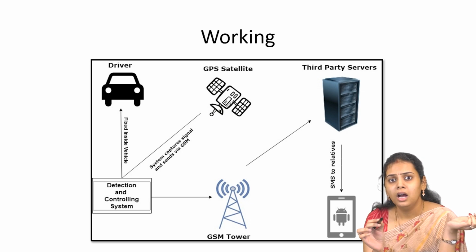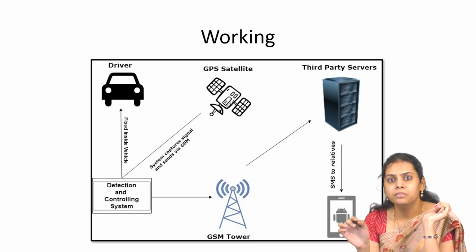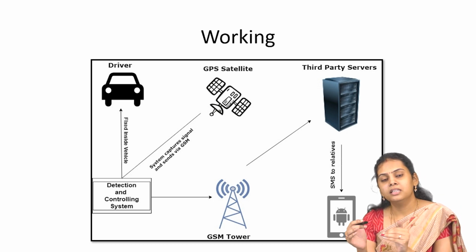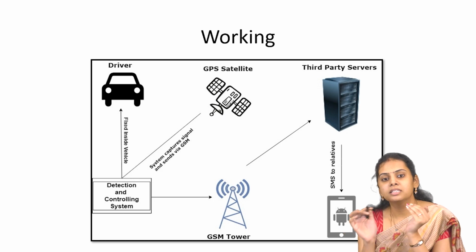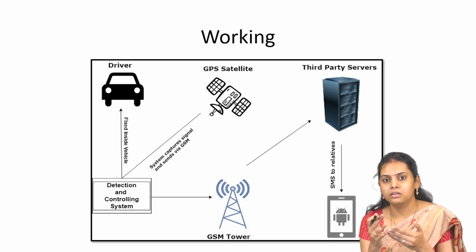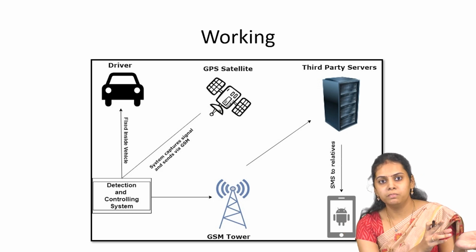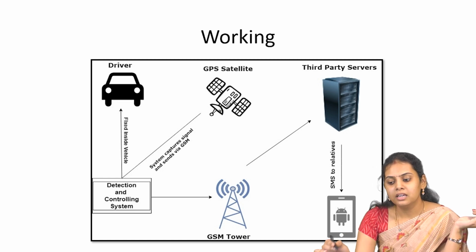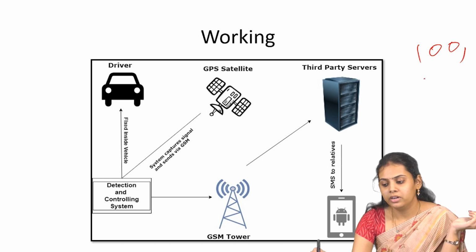Then, automatically, I inserted a SIM along with this device using a GSM module. It will send a message automatically to the concerned persons: one with a home mobile number, and the other 100 or 108.